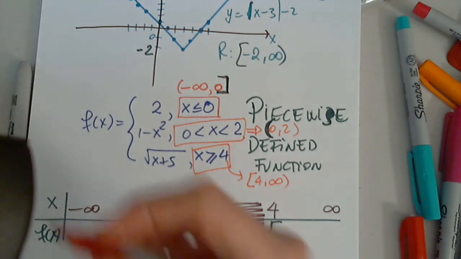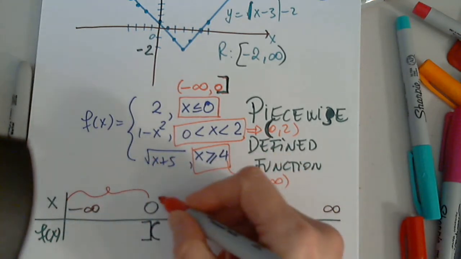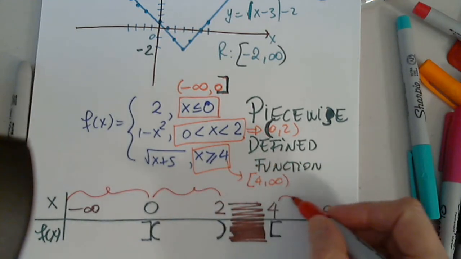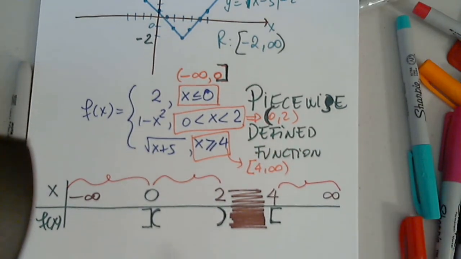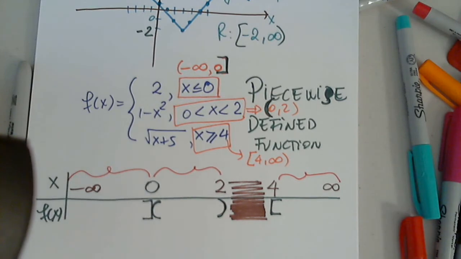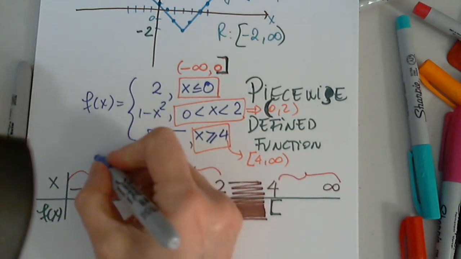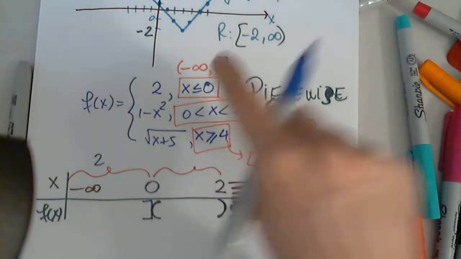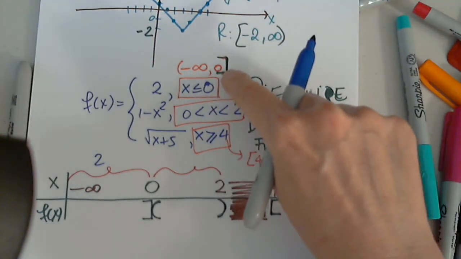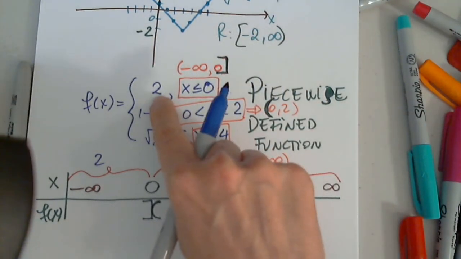Okay? At this point, we have to identify which function we use for each piece. Can anyone tell us which function we use for the first piece? 2. Of course, that's it. It says if x is between negative infinity and 0, you have 2.